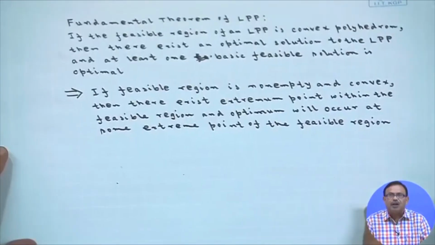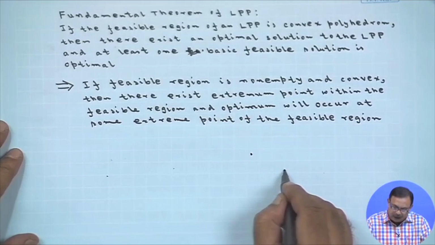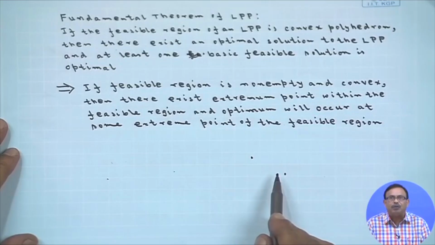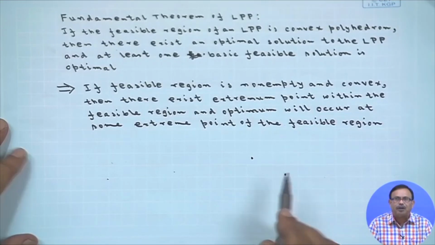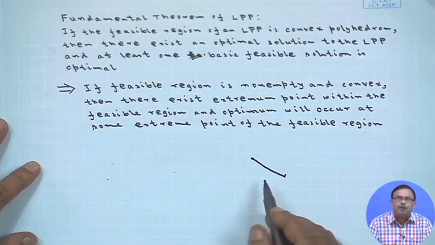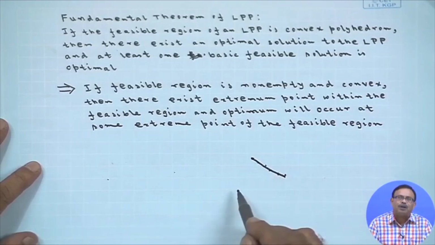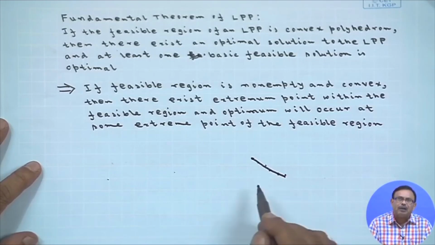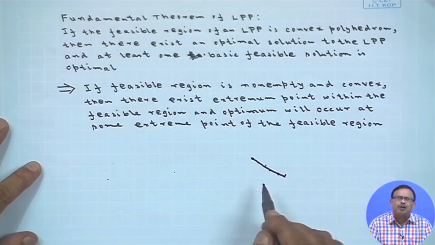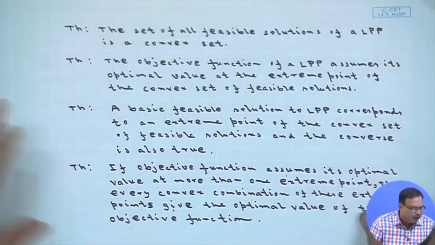In other sense, if I got the optimum at this point and at this point, that means at 2 points I am getting the same optimum value of the objective function, then any convex combination, that means if I join these points, at each point of this line also the value of the objective function will be the same and it will be optimum. That is, there will be multiple solutions for that particular problem. So, these theories are useful for us.